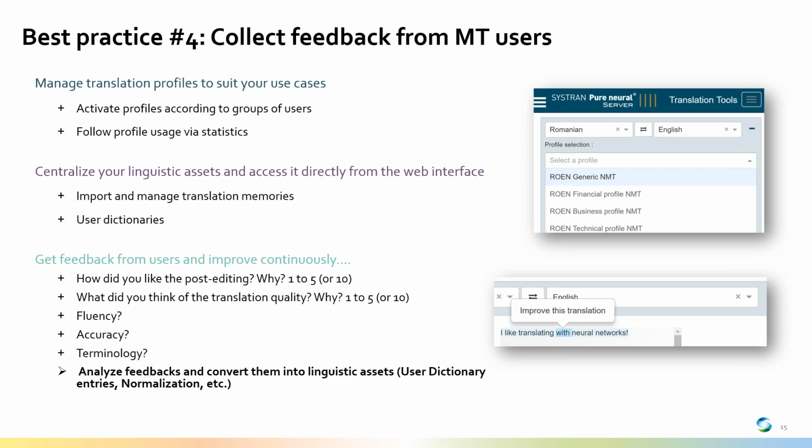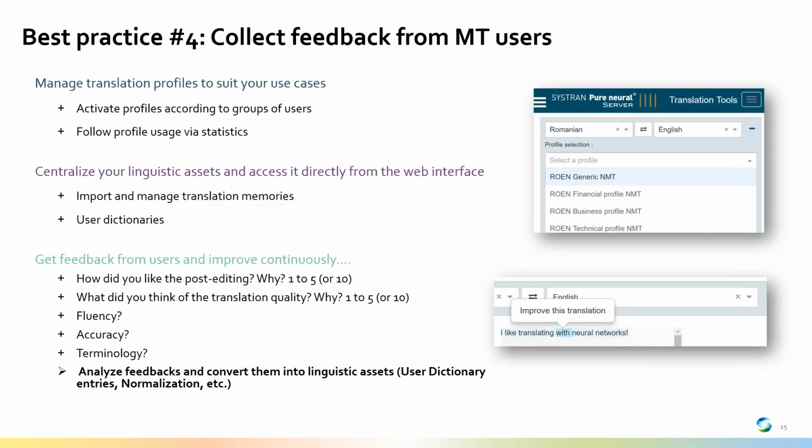It's important to have open questions also, to allow them to express or explain their experience, and the rating then from 1 to 5. What did they think of the translation quality and why? How was the fluency? How was the accuracy? How was the terminology?